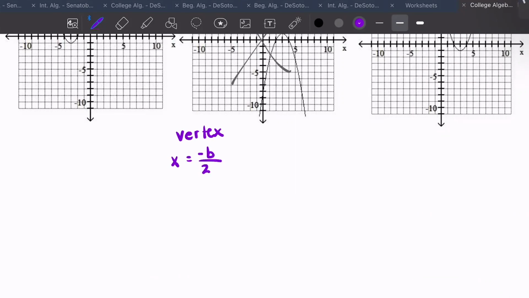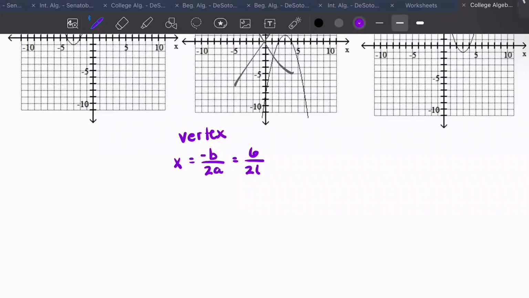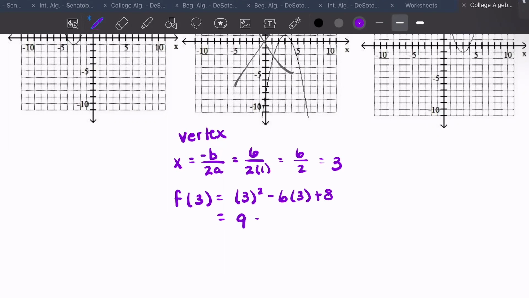Negative b over 2a equals, b is negative 6. So we'll have 6 over 2 times 1, which is 6 over 2, which is 3. Then we're going to plug 3 into our function, and we'll get 3 squared minus 6 times 3 plus 8, which is 9 minus 18 plus 8.